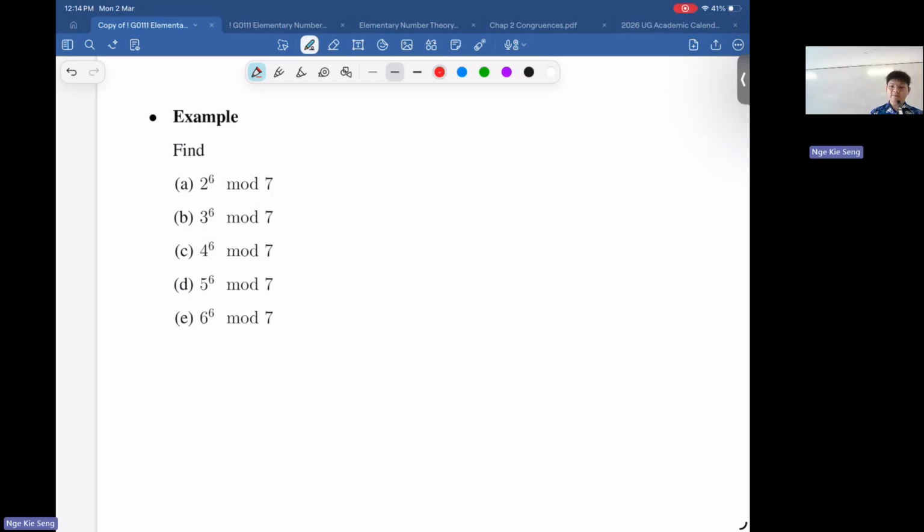Mod -1. Oh, the power is mod -1. How do you bring your mod into your power?